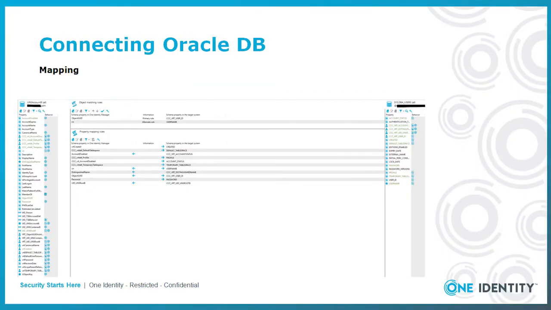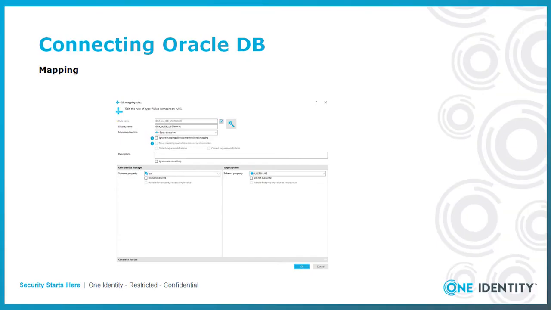A few words about mapping. Mapping is quite basic. On the left, you can see the fields stored on the IDM, and to the right, you can see the fields and lines stored on the database. So what do we need to match the user on the IDM and database users?